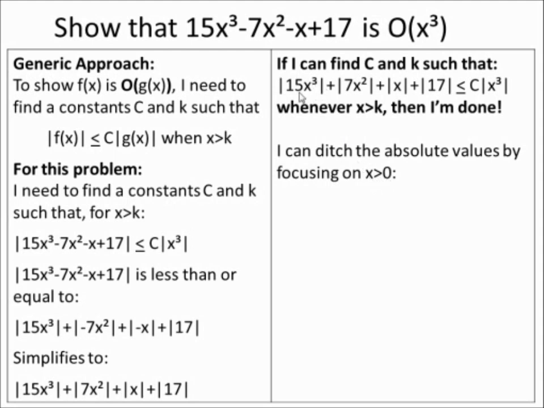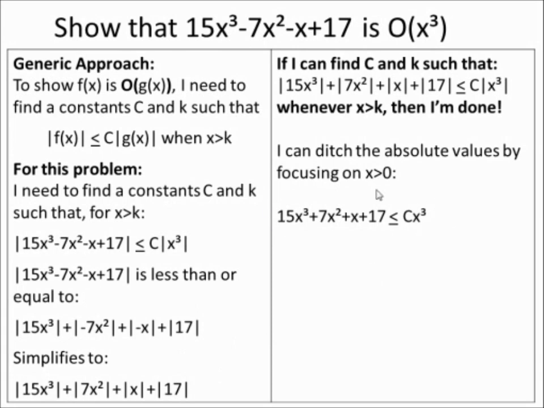If x is greater than 0, nothing is ever going to be negative, which means that I can toss the absolute values because nothing is ever negative. Notice that this is exactly the same thing I was trying to prove in part 3 of the video series. So even when you have negative signs, you can get rid of them using the triangle inequality.